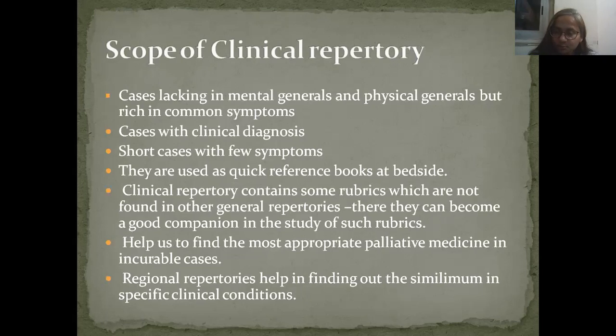So this polydipsia, weakness, maybe polyphagia, these are all common symptoms of diabetes. What will we do? We cannot go to a larger repertory and look at a bigger rubric, but we can just go to a clinical repertory, look for diabetes medicines, and accordingly, according to general symptoms, we can prescribe.